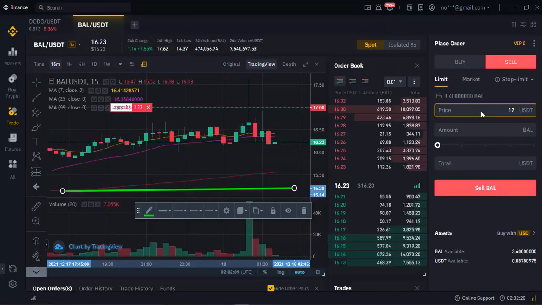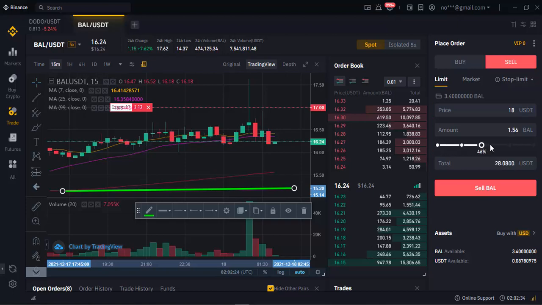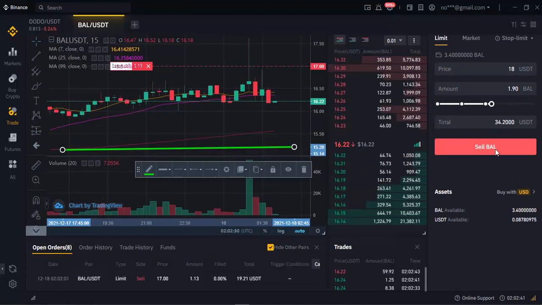If you want to also set up another take profit, you can say when it gets to $18, you want to also sell another percentage of it. Then you click sell.